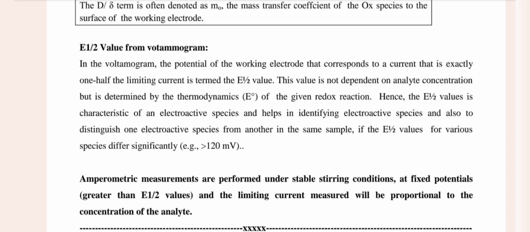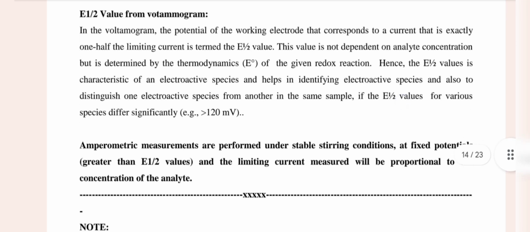So you need to know what is meant by this E half value. E half is the potential at which the current is exactly one half of the limiting current. Then, in amperometric measurements under stable stirring conditions, at a fixed potential which is greater than the E half value, the limiting current measured will be proportional to the concentration of the analyte.